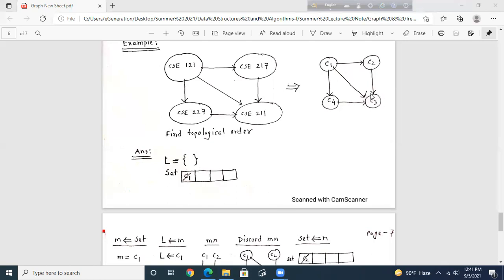If you think about C3, there is an incoming edge from C2, from C1, and from C4. I cannot write C2, C3, and also C4, because there is an incoming edge from C1 to C4. So only C1 is the vertex towards which there is no incoming edge. Because of that, I can write C1 here.